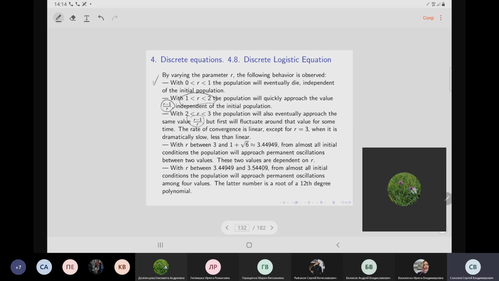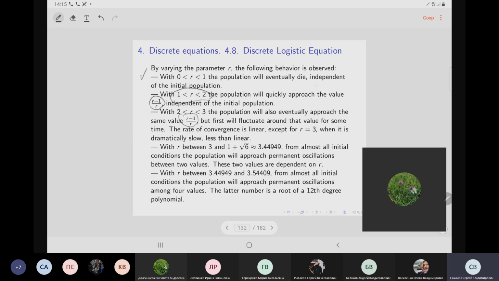There are some oscillations, but finally the solution converges to equilibrium. And we can conclude that the rate of this convergence is linear. So these are our oscillations, and the speed of decreasing of the oscillations is linear, not exponential.